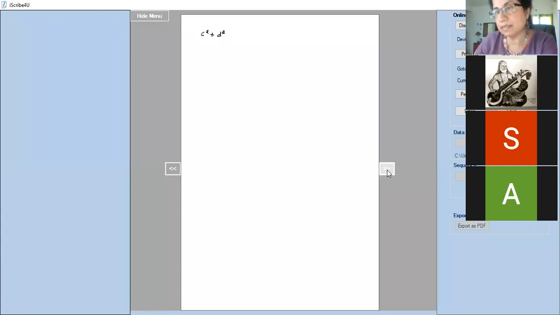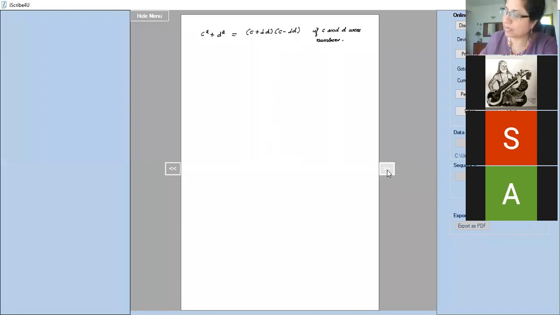Can everybody see what I have written on this new page? C square plus d square. Yes, ma'am. How can I write this? I can write this as c plus id into c minus id, right? I could have written it like this if c and d were numbers.